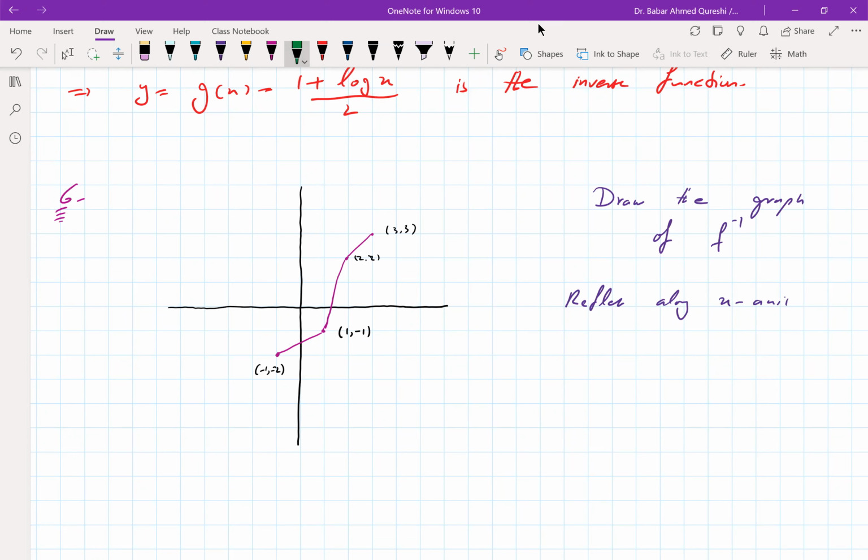When you reflect along the x-axis, nothing happens to the x value, and the y value gets reversed in sign. So minus 1, minus 2 will become minus 1, 2. 1, minus 1 becomes 1, 1. 2, 2 becomes 2, minus 2. And 3, 3 becomes 3, minus 3. So you have this graph.